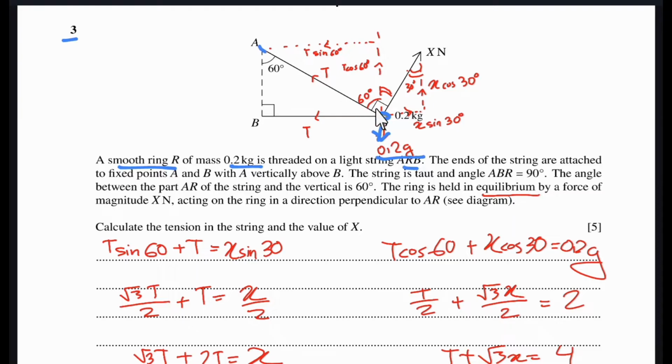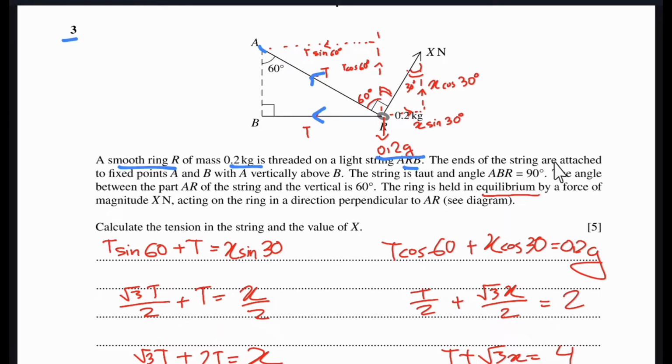As we can see, the string is free to move around the ring and is not fixed to the ring. So the tension in this side of the string is the same as the tension in this side of the string, that is T.